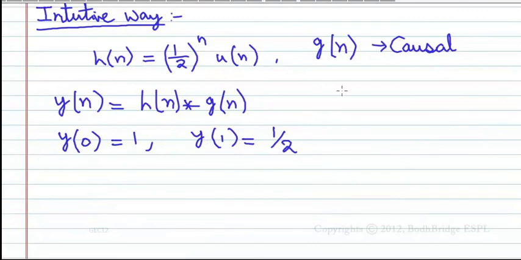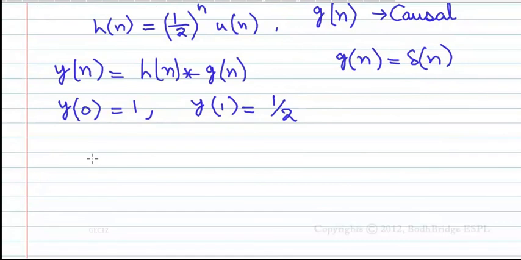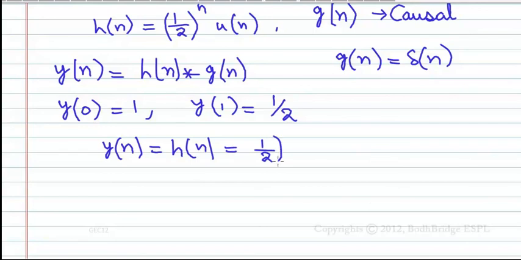Therefore, this comes only when g of n is equal to del of n. When g of n convolution with h of n, what is my answer? Same. Convolution with delta function gives the same thing. Y of n is equal to h of n is equal to 1 by 2 whole power n u of n.